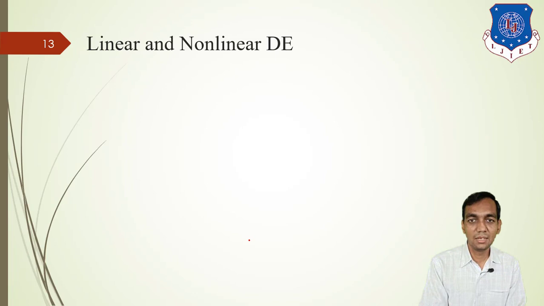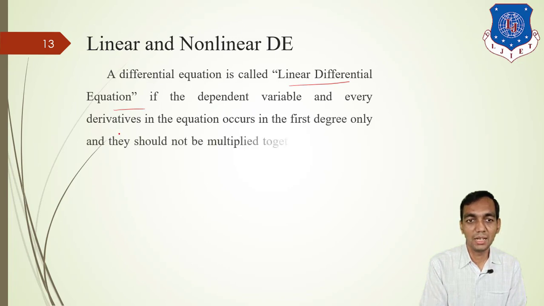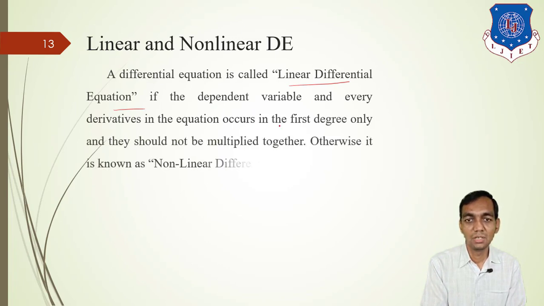Now we are dividing our differential equations into two categories, linear and non-linear. First we have seen the types of differential equation, and now we are separating them into two forms, linear form and non-linear form. A differential equation is called a linear differential equation if the dependent variable and every derivative in the equation occur in the first degree only.